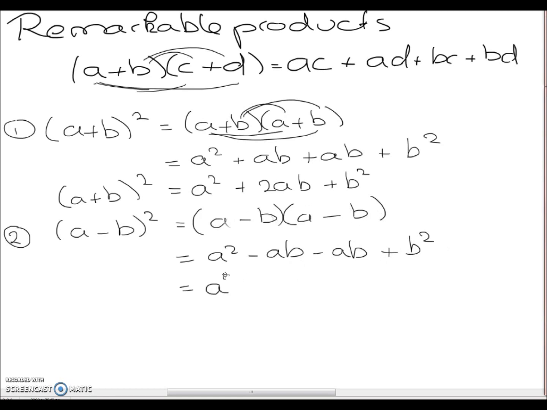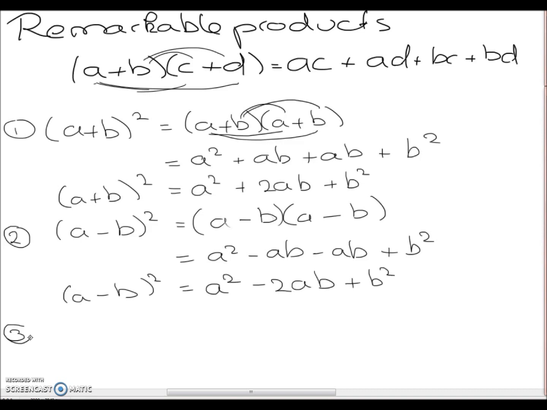So we can simplify this: A squared minus 2AB plus B squared. So if we have the difference of two numbers and then we square that, we have the first number squared minus the two numbers times each other times 2 plus the second number squared.